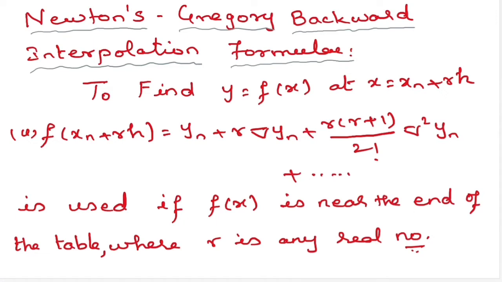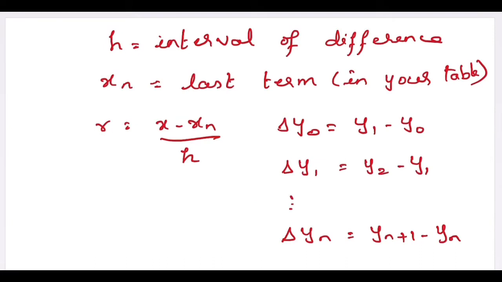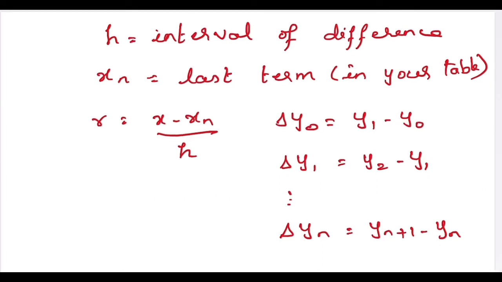And this formula is used only if your f of x is near the end of the table, where r is any real number. Similarly, your h is the same interval of difference. xn is the last term in your table, and here r is equal to x minus xn the whole divided by h.